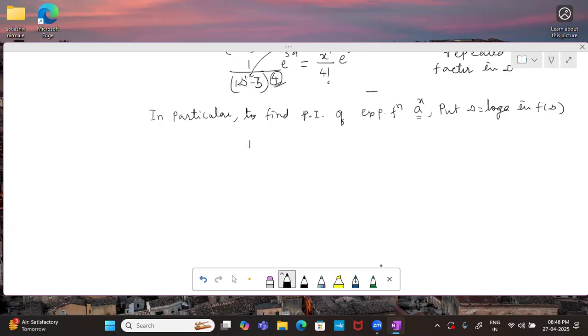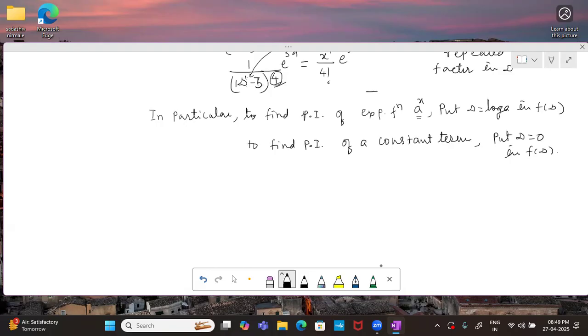And to find the PI of a constant term, put d is equal to 0 in f of d.